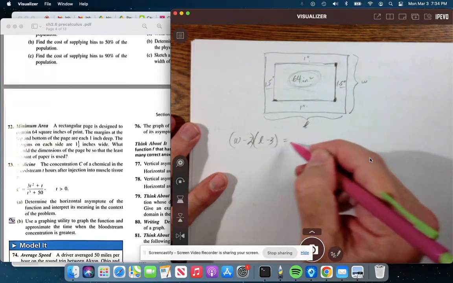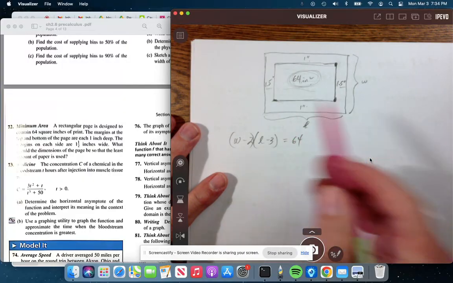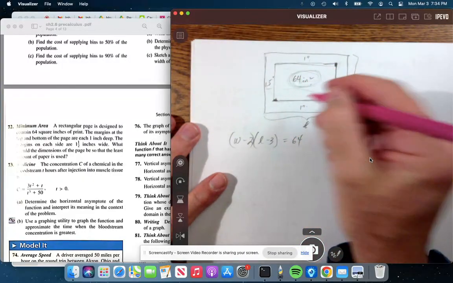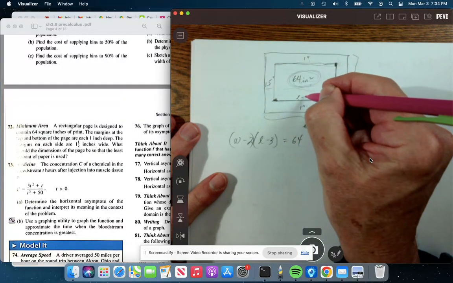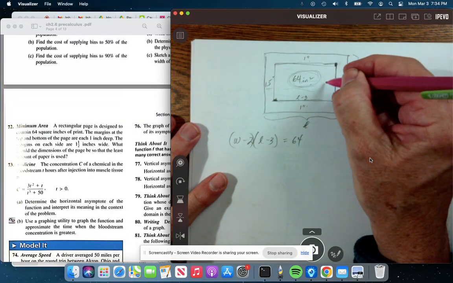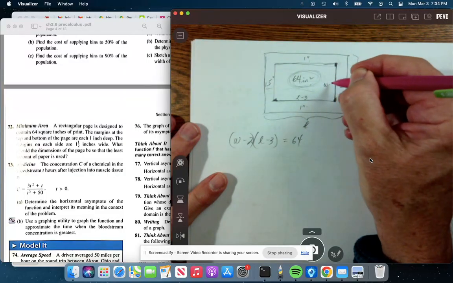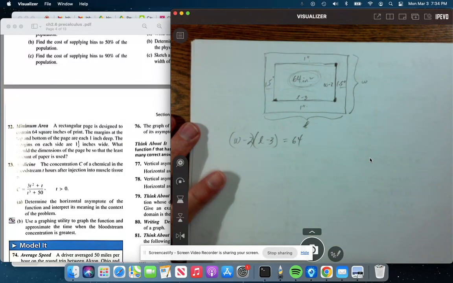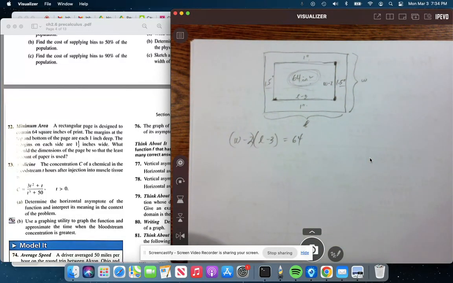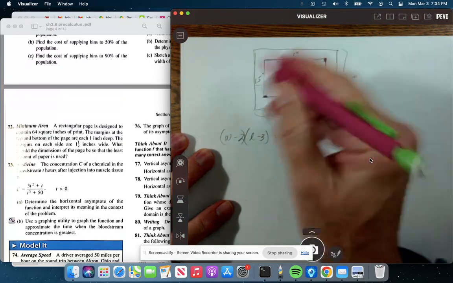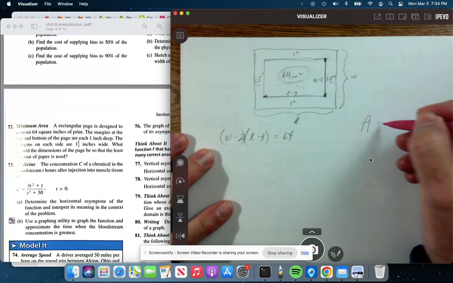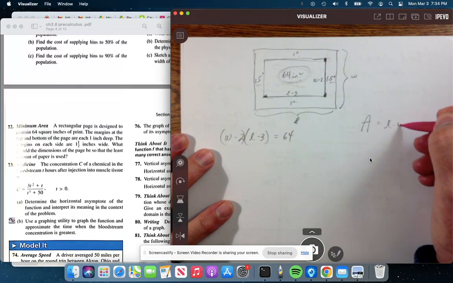And I know when I multiply those, I have to get 64, right? So basically, I'm calling this inside part L minus 3, and this inside part W minus 2. And when you multiply those, you got to get 64 because that's the area. All right, now overall, the area of this whole piece of paper, which is what we're interested in, is length times width.